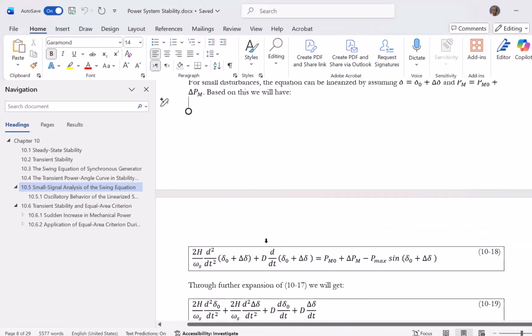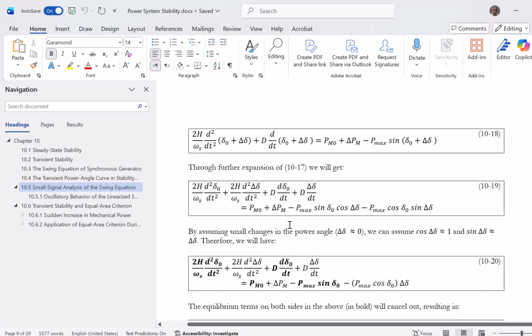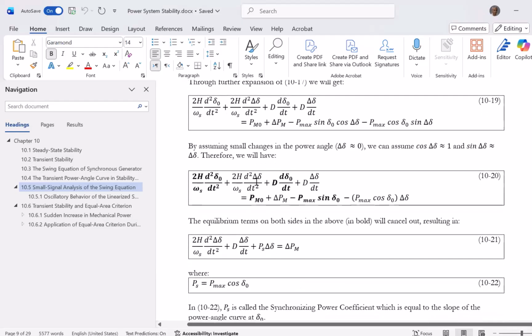Based off of that, we rewrite this equation, and then we can expand this sine, and ultimately we can write it up in this form, and it has equilibrium on both sides in bold. So these bold portions are the original swing equation written in the equilibrium point, which means that they cancel out from the two sides. And what remains is this.